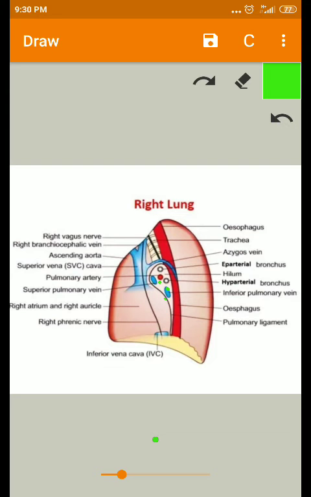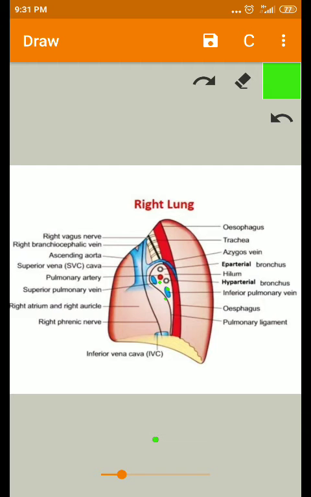Now we are going to see the structures related to the mediastinal surface of the right lung, first from anterior to posterior side.